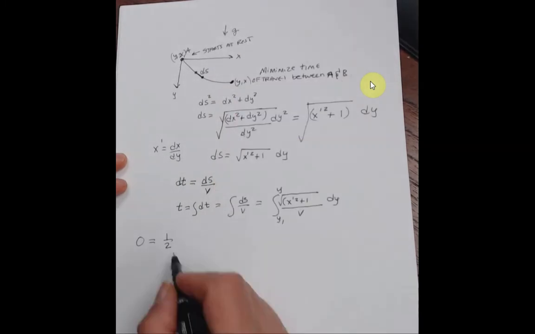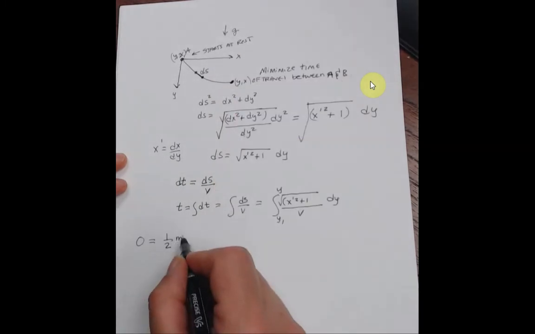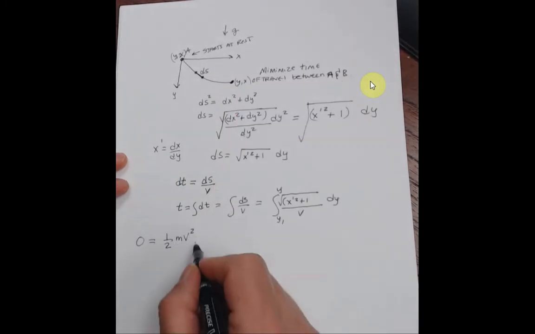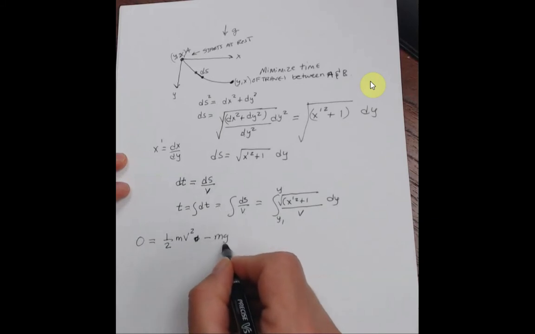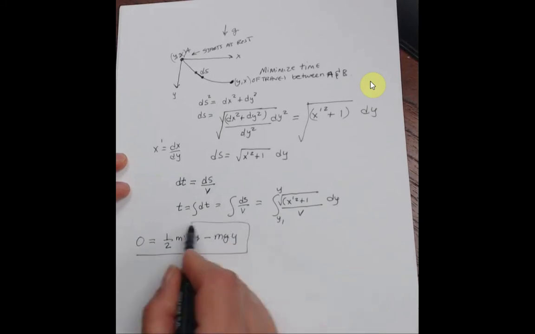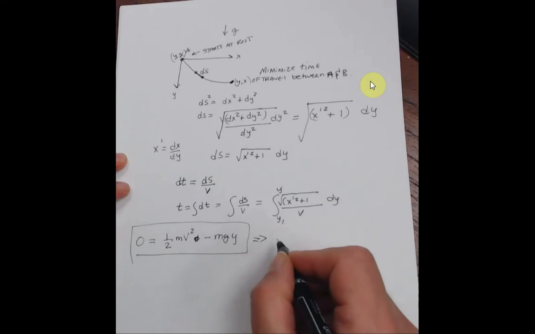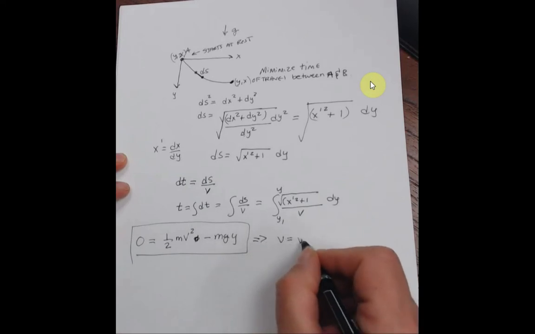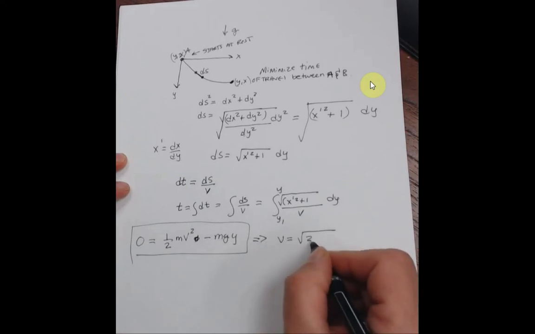When it gets down to here, it's going to have 1/2 mv squared of kinetic energy minus mgy of potential energy. So looking at this equation here, this is going to imply that v is equal to the square root of 2gy.